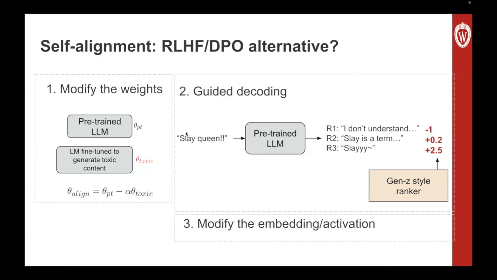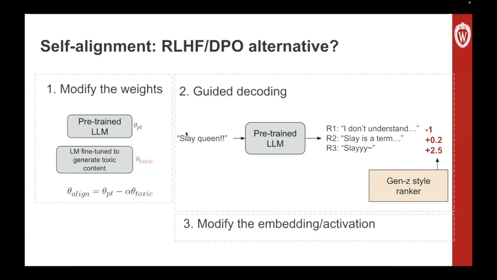And the second way that people try to do this is with guided decoding. The main idea is that instead of taking the most probable token in each decoding step, can we somehow change these probabilities using some sort of heuristic or scoring function so that it is more aligned to the family of tokens that we want?